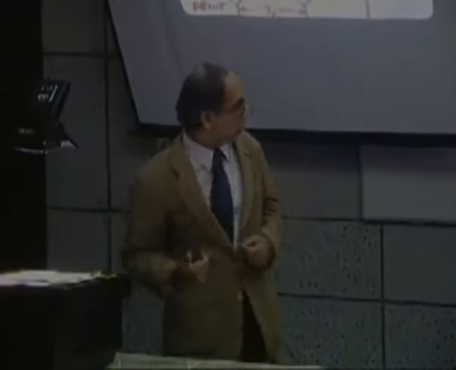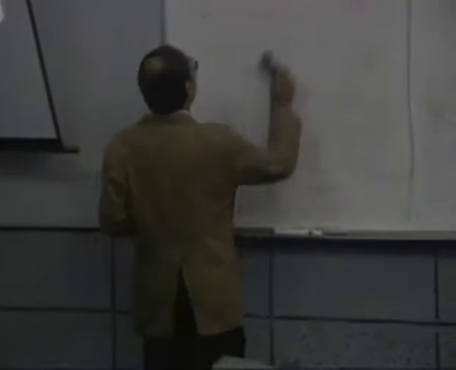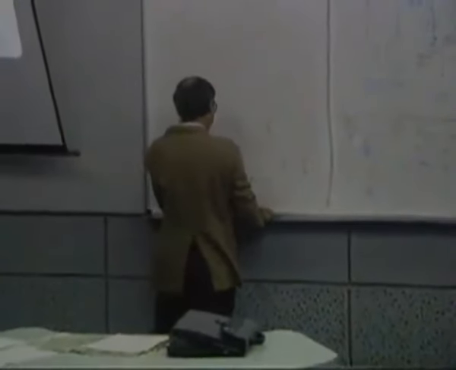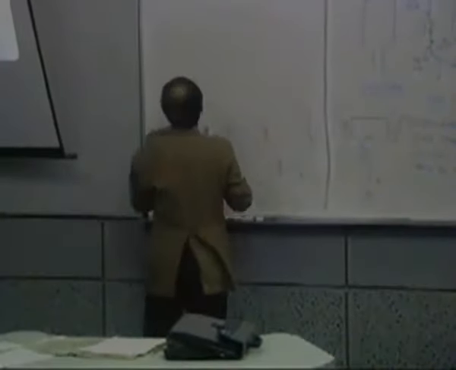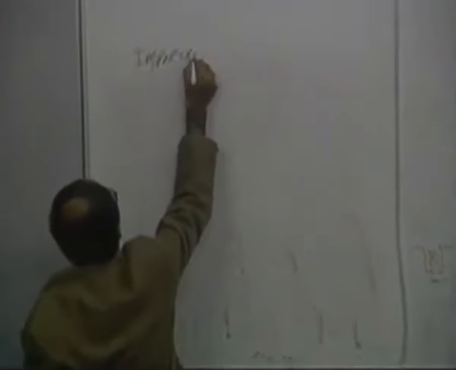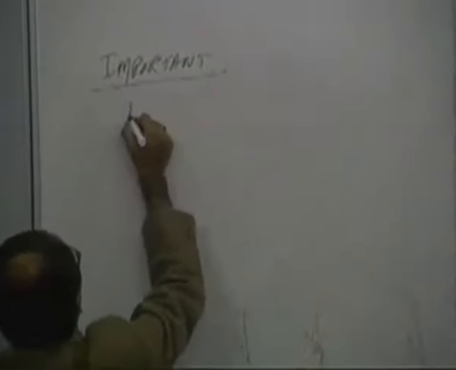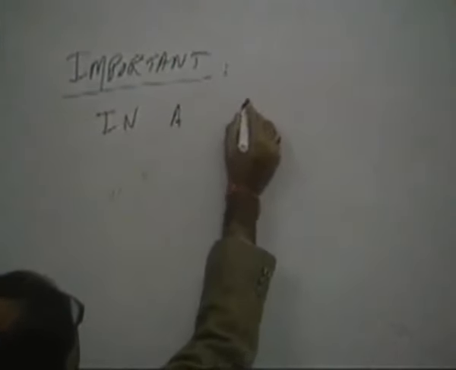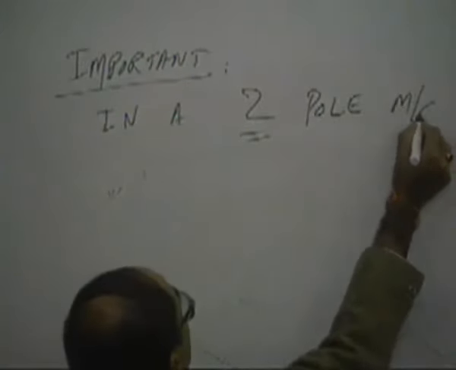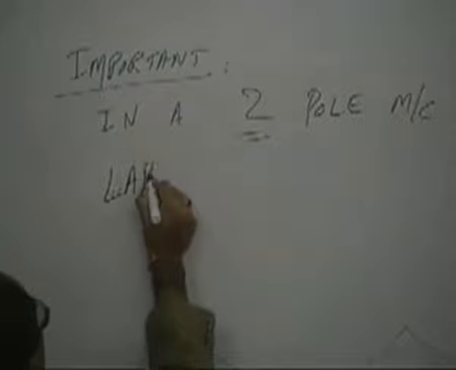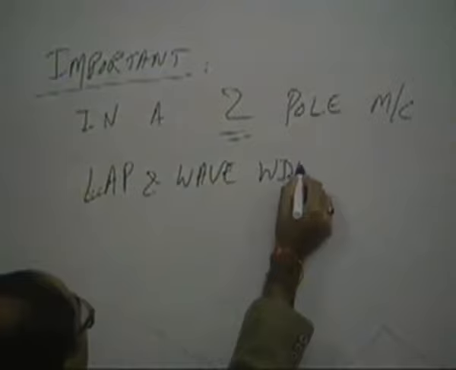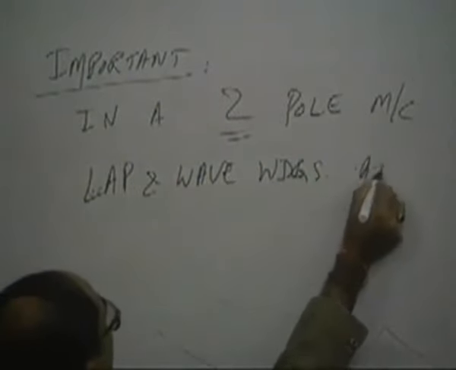Okay. So let us make it clear that in a 2 pole machine, this is important, lap and wave windings are synonymous.